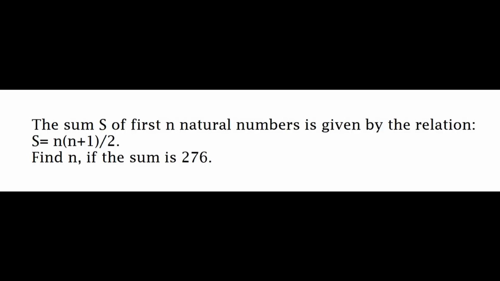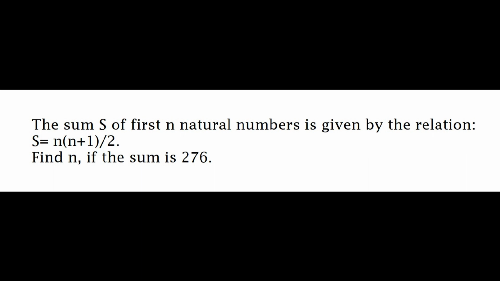The sum S of first n natural numbers is given by the relation S is equal to 1 by 2 n into n plus 1. So n is the number of first natural numbers. We need to find n, as they have not given you the n.